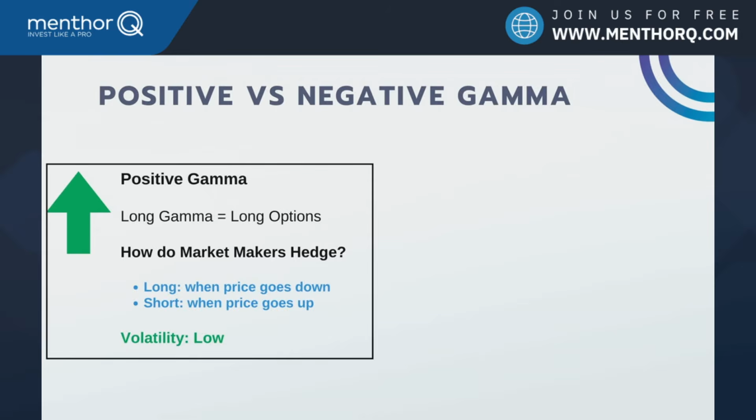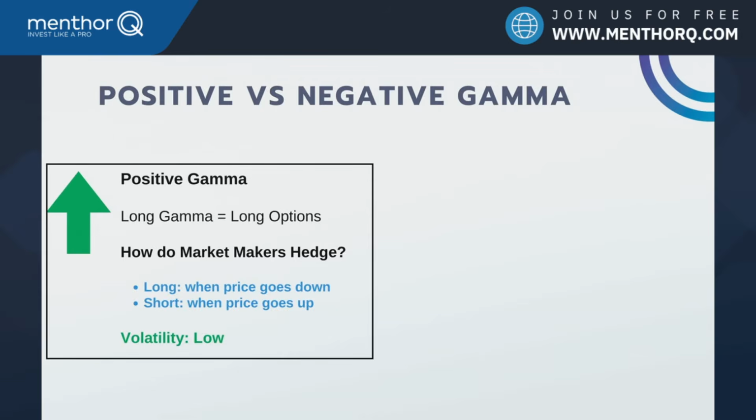When we are in a positive gamma environment, the market overall is net long options, meaning that the market has been buying more options than selling. What does that mean for market maker behavior? Market makers hedge a little differently from when we are in a negative gamma environment. They buy when the market drops and they sell when the market rises.